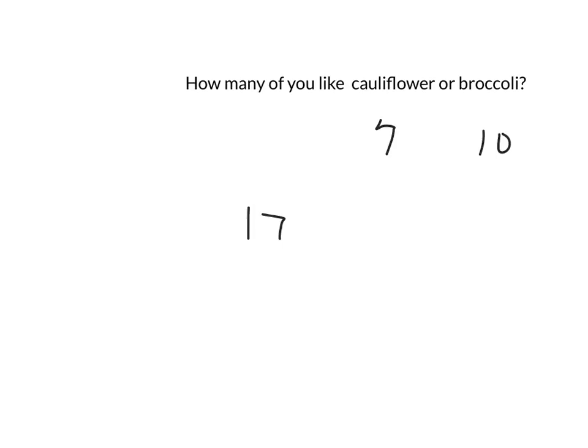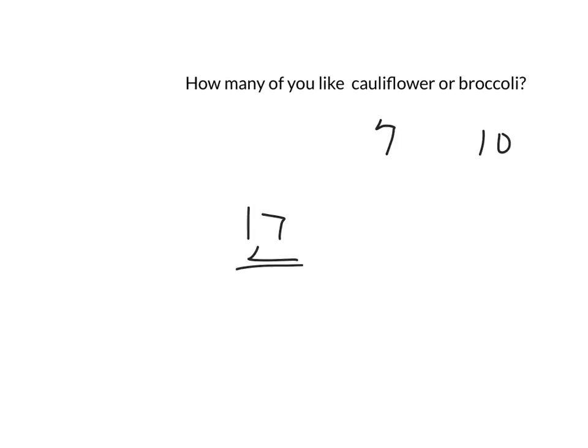What mistake did I make when I put 17? Repetitive. You repeated it. What did I repeat? The persons that you were counting. Which persons? The students. Which students? Donna, you counted me twice for both cauliflower and broccoli.